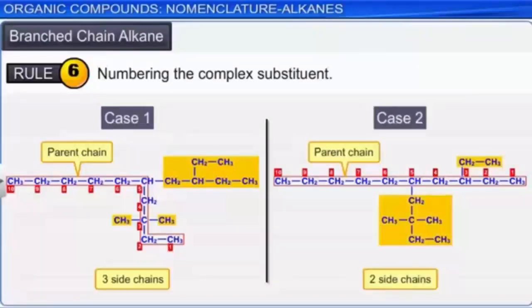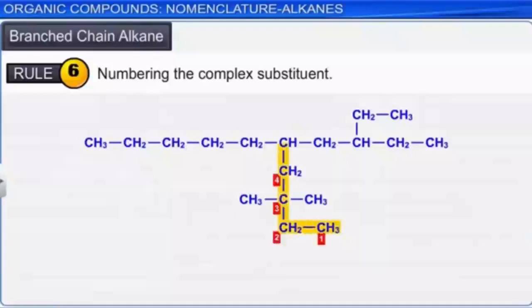Hence, case 1 is the correct way to select the chain. The chain should be numbered from the end which is closer to the alkyl groups. Here, the alkyl groups are attached to carbon 3 and 5.